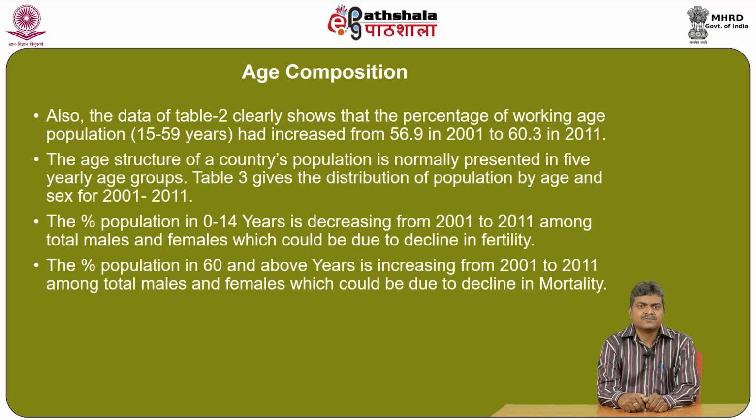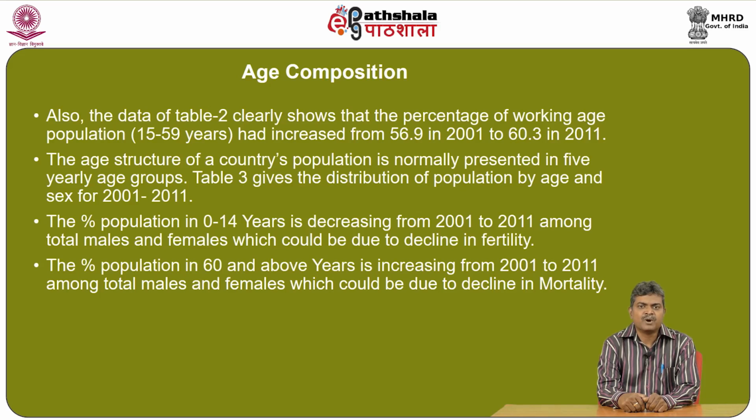The age structure of a country's population is normally presented in five-yearly age groups. Table 3 gives the distribution of population by age and sex for 2001 to 2011. The percent of population in 0 to 14 years is decreasing from 2001 to 2011 among total males and females, which could be due to a decline in fertility.